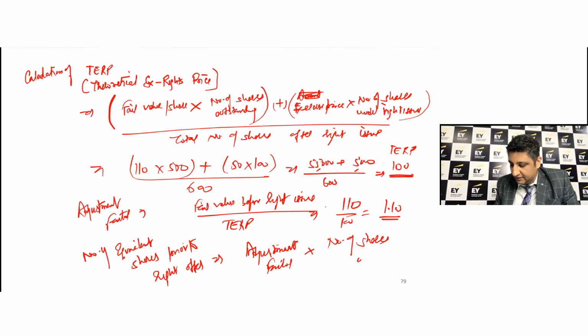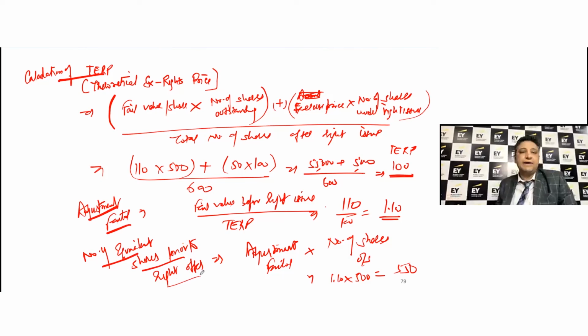Okay, that is the first adjustment that you do. You calculate the TERP, you calculate the adjustment factor, and on that basis you calculate, of course, the equivalent number of shares just before the right offer. And that's about it, right?